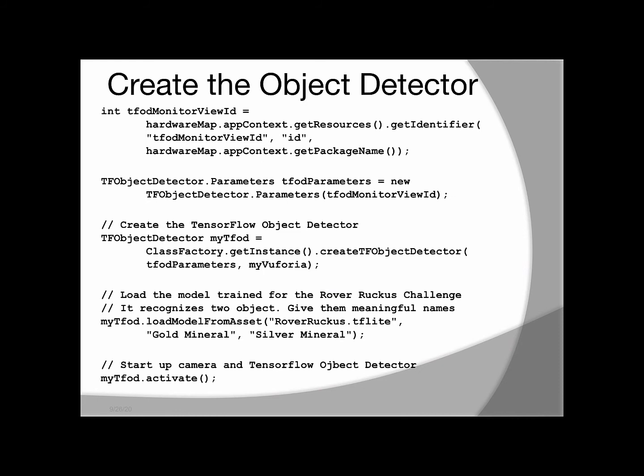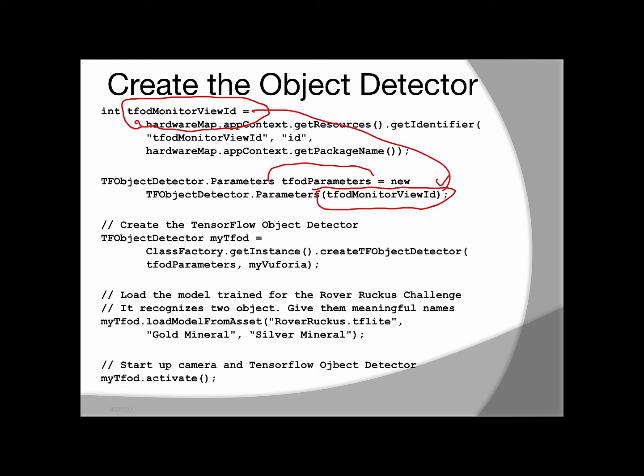The next part is to set up the object detection, or the object detector. One of those things we're going to tell it is where to display the images and the annotations that tell it about the objects that we've detected. And so that is the monitor view ID. And so that's going to become one of the parameters down here.